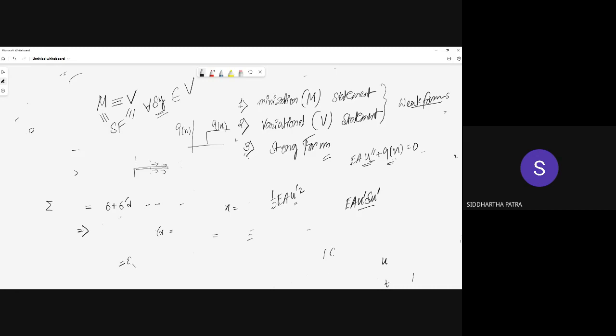But if you're looking for only a set of functions of the nature c0 plus c1x, and therefore you are looking for u in a set of functions which look like this, your variation would also be from the same set, and the only arbitrariness here is with c0 and c1, but that still is going to give you a linear function. So if you are only looking into linear functions, that's when the approximation happens.